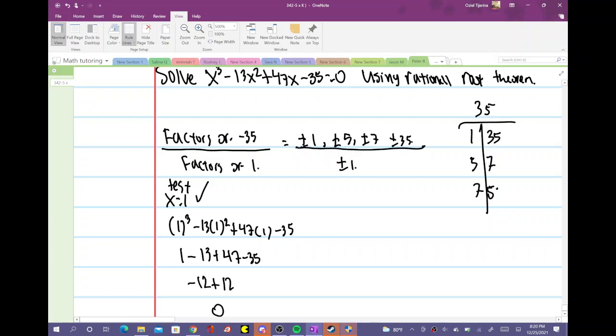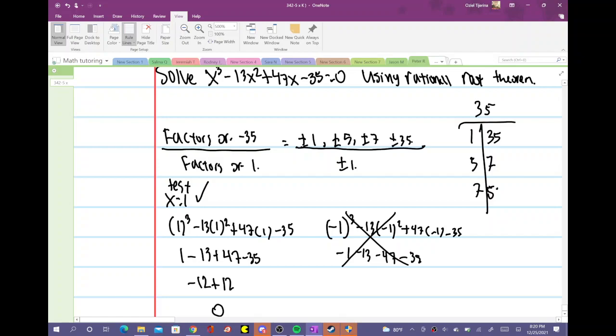And what about negative 1? So negative 1, if we do negative 1 cubed minus 13 times negative 1 squared plus 47 times negative 1 minus 35, this gives us negative 1 minus 13 minus 47 minus 35. When you see they're all negatives, it means it's going to be a negative number, so this cannot work.